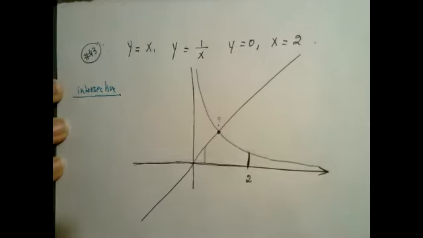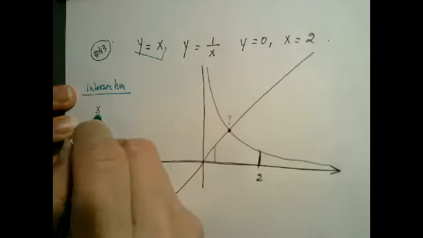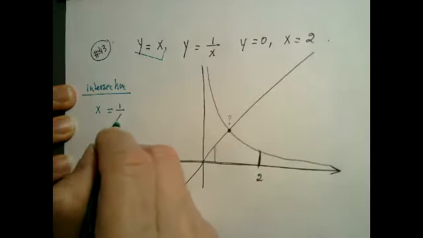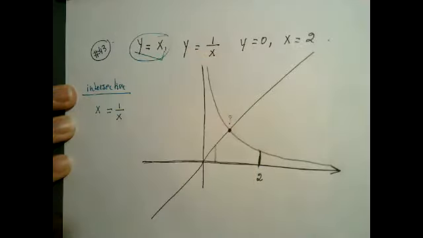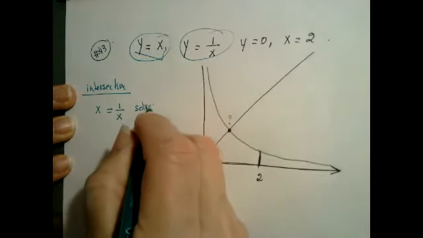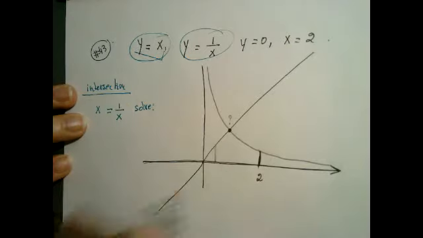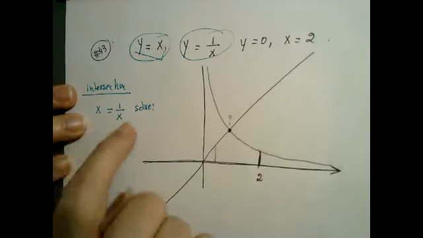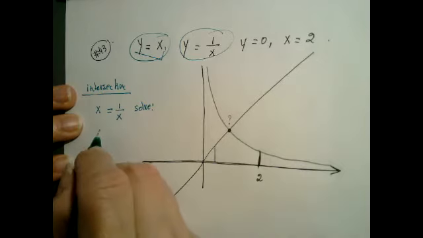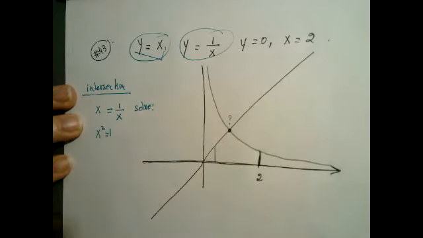All right, so intersection. I have to set x equal to 1 over x, the y from this function equal to the y from that function, and solve for x. To solve x equal to 1 over x, the best way is to cross multiply. I get x squared equal to 1.